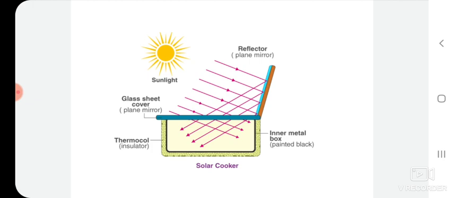The main working principle of the solar cooker is converting light energy to heat energy. How, that we have to discuss. The concentrated sunlight is focused onto a receiver such as a cooking pan.